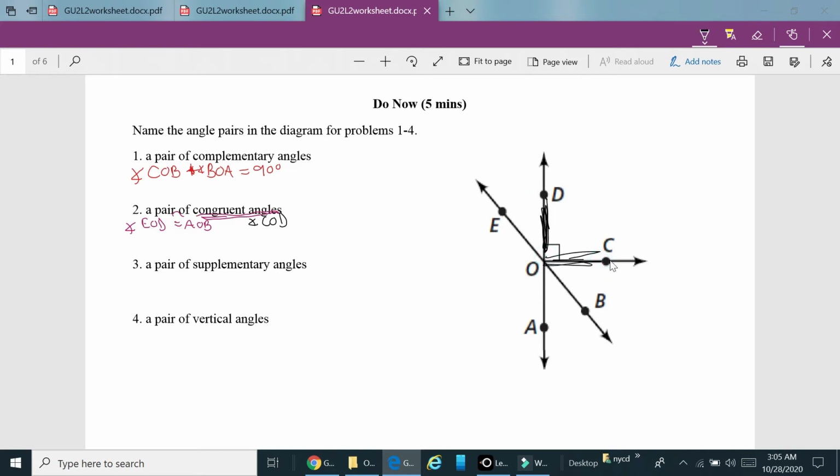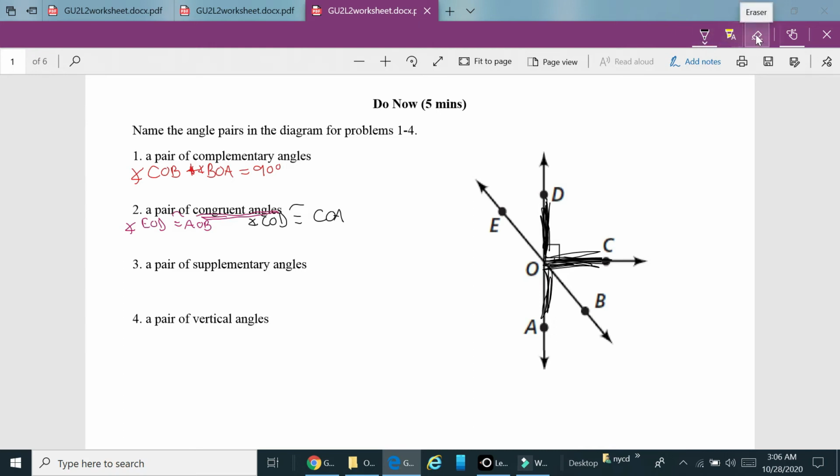Sorry, COD. Or DOC. Either is fine. Okay, that's a 90-degree angle. Is equal and congruent to COA. So COA. Because they're both 90-degree angles. Because they're a pair of congruent angles. Yeah, that's what I see there.